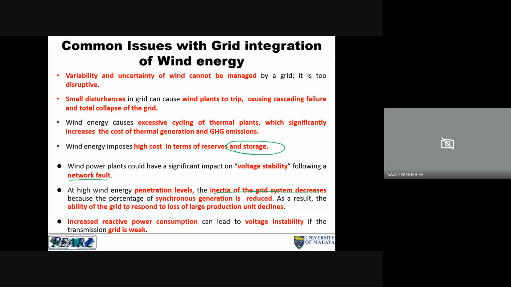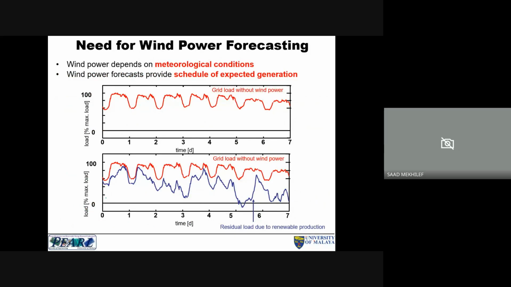So increased relative power consumption can lead to voltage instability if the transmission network is weak, especially towards the end of the networks. Let's see some examples. Why do we need this?